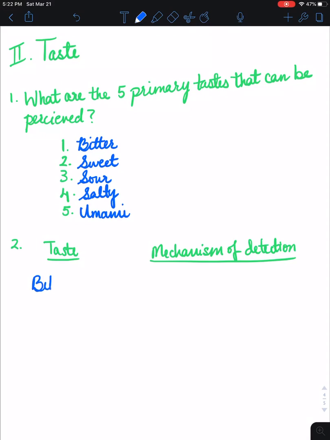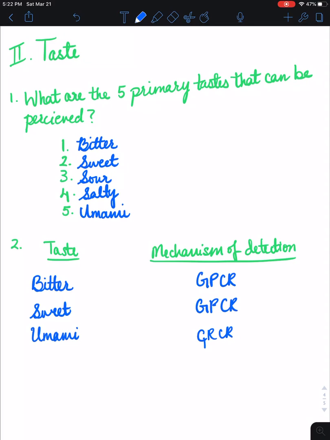So with bitter, sweet, and umami, all 3 of these tastes, the mechanism of detection is GPCRs, or G protein coupled receptors. And for salty and sour, it's slightly different.